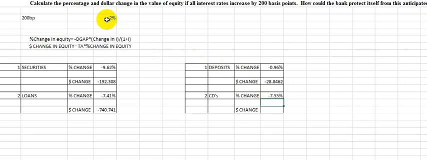And the CDs will have a decline in value by 7.55%. And finally, the dollar change for the CDs is equal to the percentage change times the value of the CDs, which was $9,000. So the CDs will witness a decrease in value by $679.